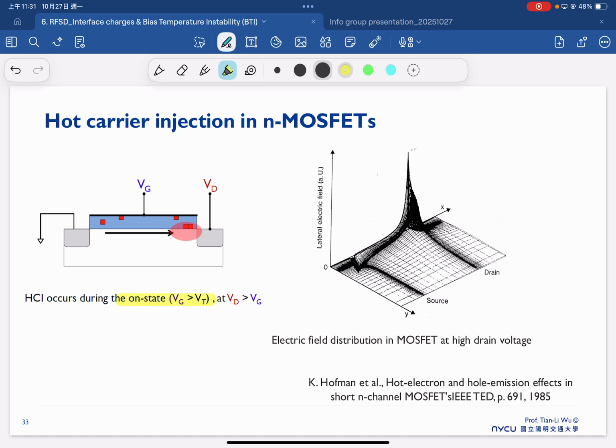Then our VG is larger than the threshold voltage here. Because VG is larger than the threshold voltage, we see there's a channel formation. There are lots of electrons in the channel.